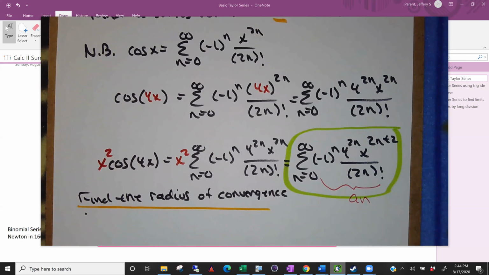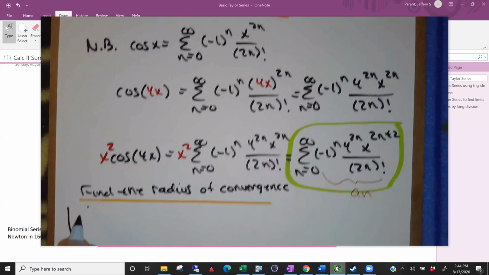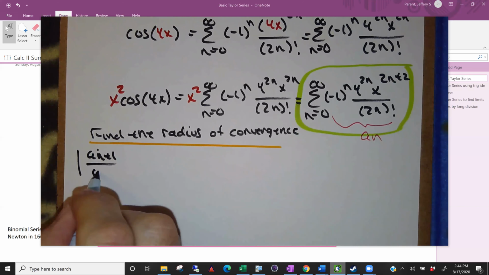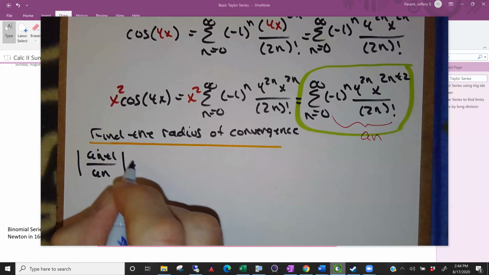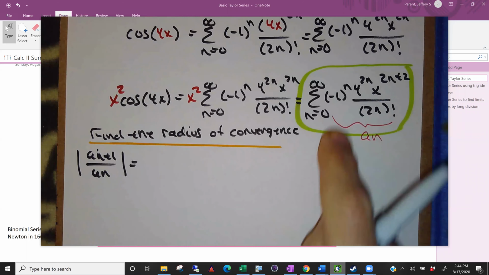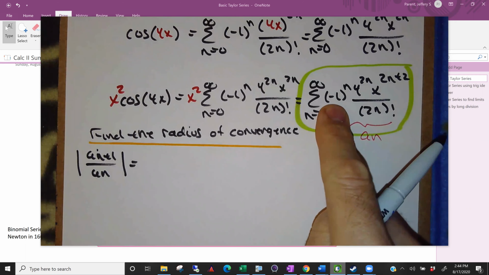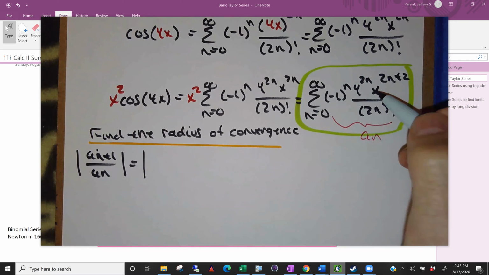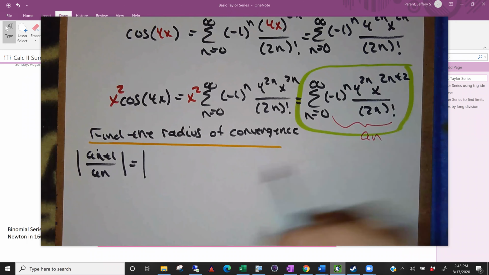I want to find and simplify the absolute value of a sub n plus 1 divided by a sub n. Now, because I'm dealing with the absolute value, I'm going to openly ignore the -1 terms. And let's start by writing a sub n plus 1.